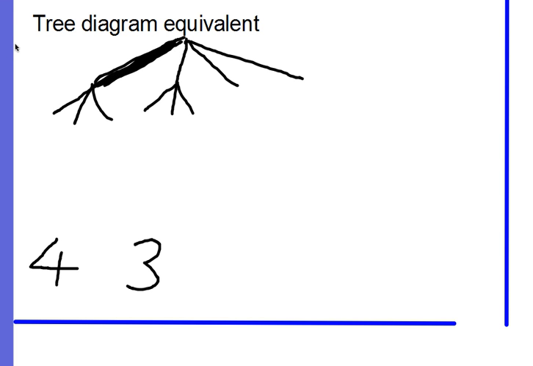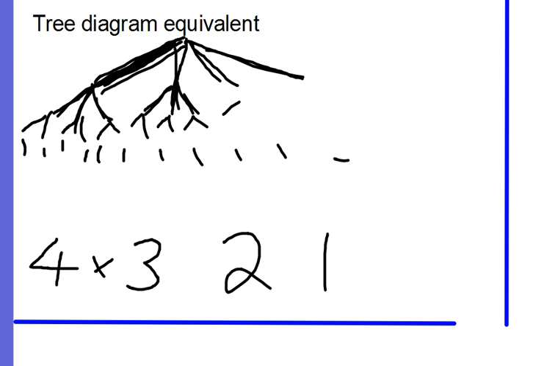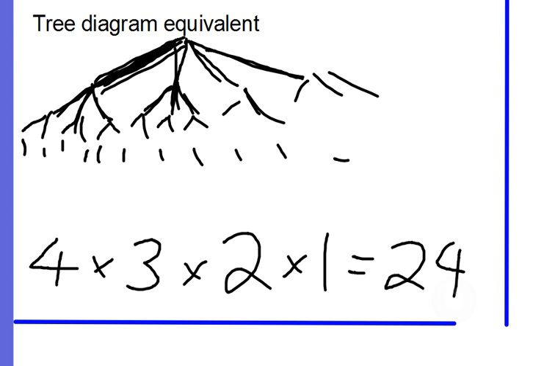Then on the ends of each of these is another 2, because there's 2 leftover objects to go after these. And then at the very end there's only 1 leftover object for each of those. And we end up with the same number, and we could just say this is 4 by 3 by 2 by 1. Gives us the same answer.